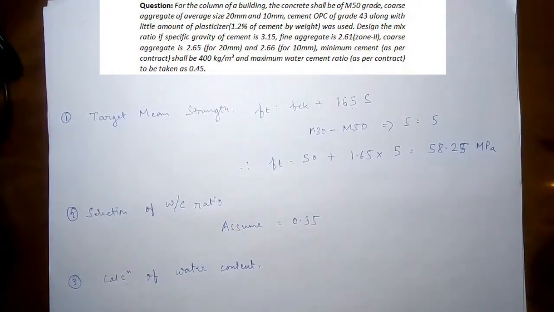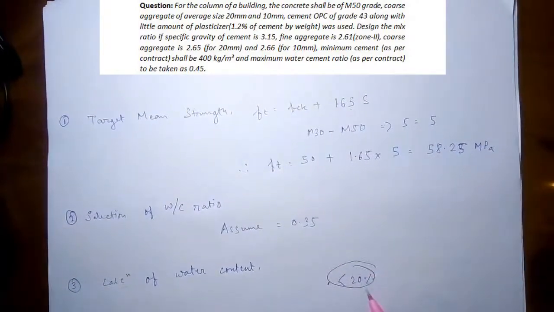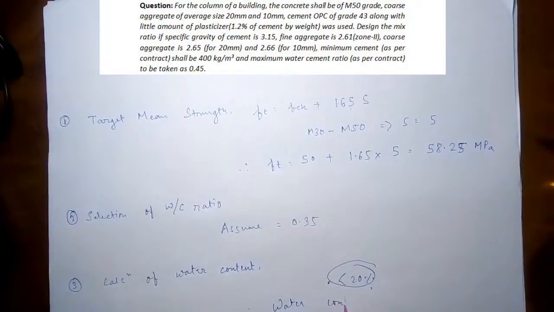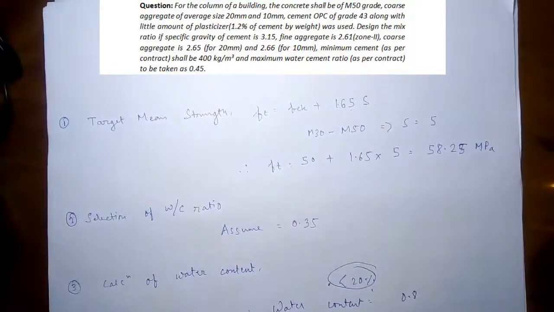As the plasticizer is proposed, we can reduce the water content by 20%. So for plasticizer we will reduce it by 20%. So we can assume that the water content is therefore 0.8, or 80% of the total.